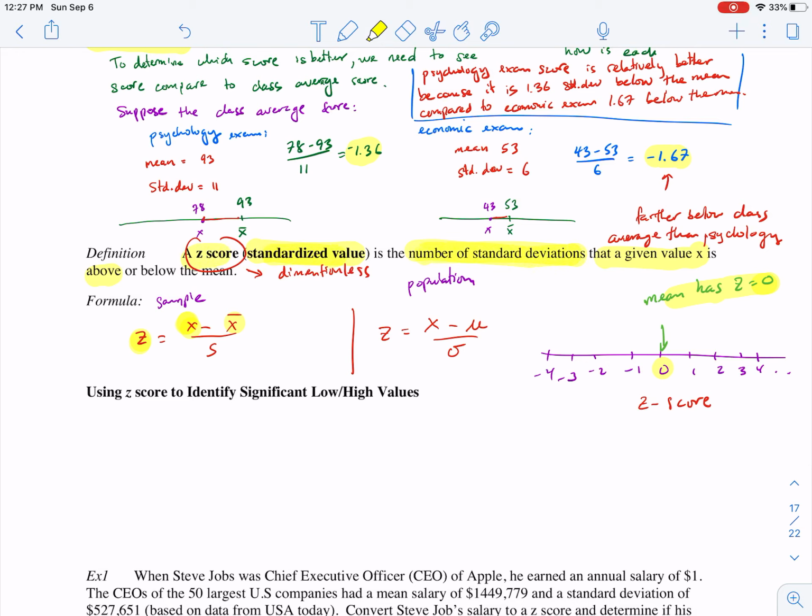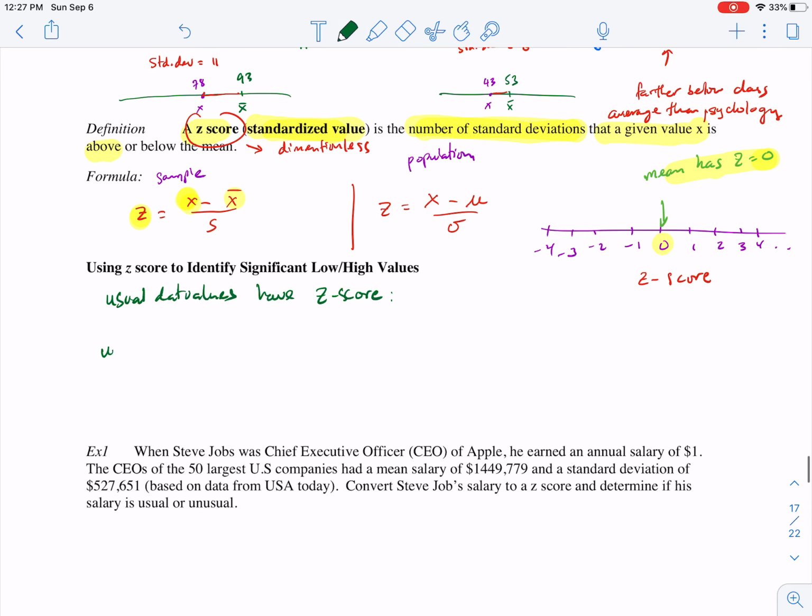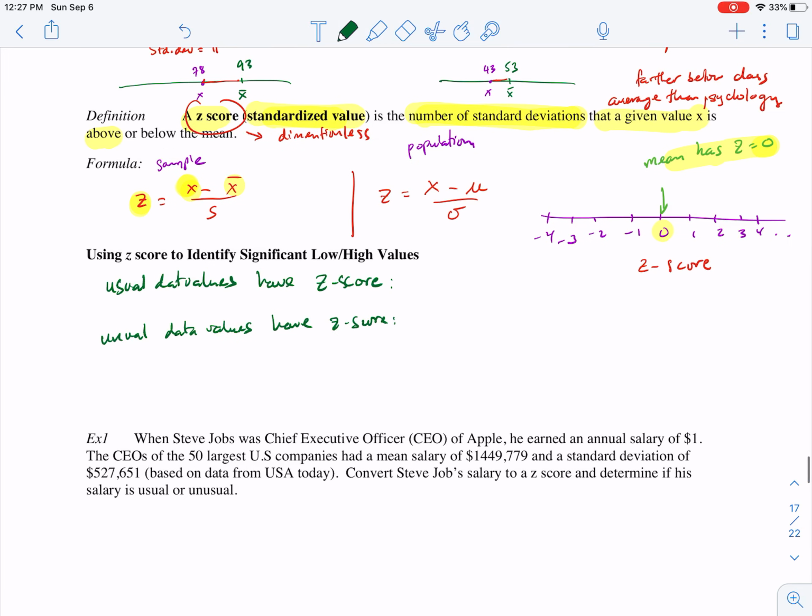above or below the mean. So we can say that usual data values have Z-score, unusual data values have Z-score.